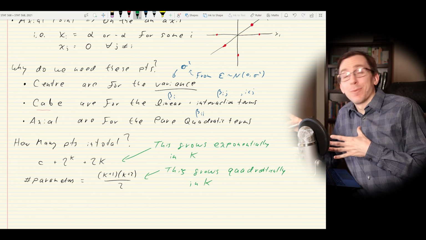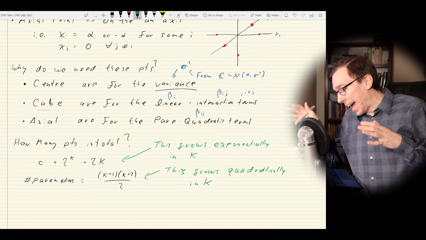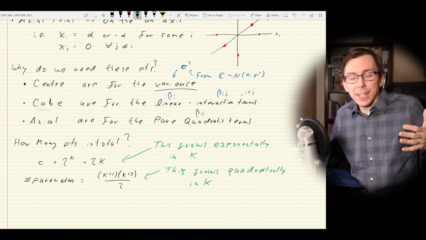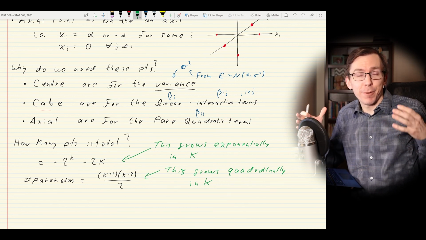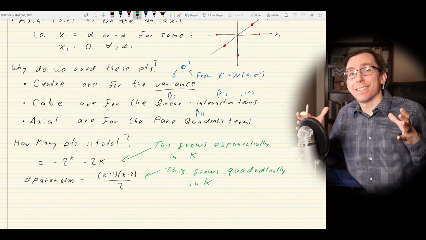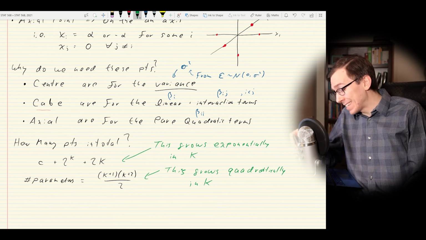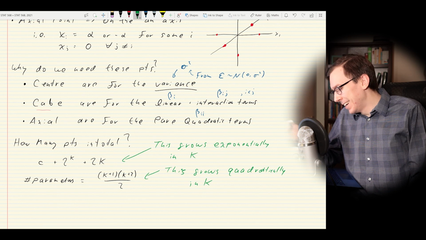So this is one of the problems that we have here with the central composite design. We have a certain number of parameters, and we know that they do grow fast. If the dimension gets bigger, we're going to have a quadratic increase in the number of parameters. So if we have a response surface model with 10 different inputs, that's a lot of parameters to fit, right? That's going to be 11 times 12 over 2, which is 66 different parameters.